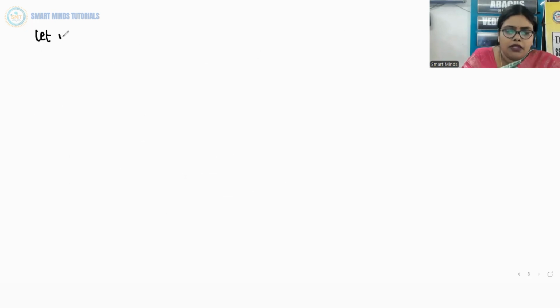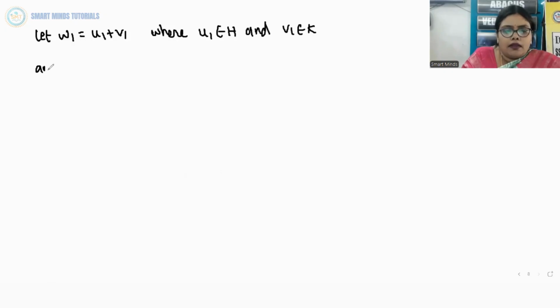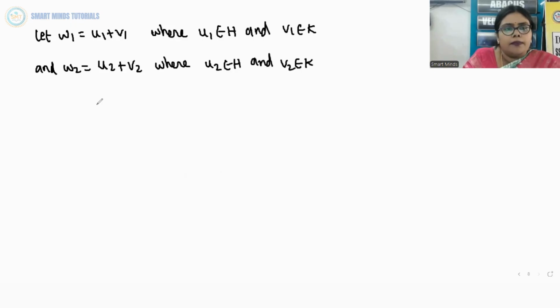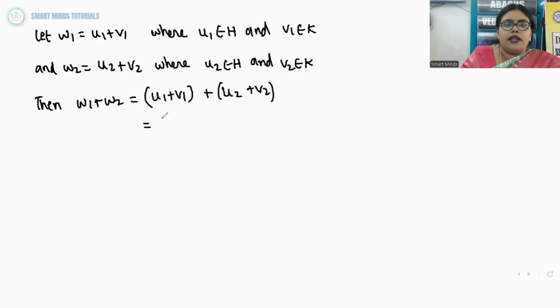Now let us say W1 equals to u1 plus v1, where u1 belongs to H and v1 belongs to K. And W2 is equal to u2 plus v2, where u2 belongs to H and v2 belongs to K. Then if we add them, W1 plus W2 will become u1 plus v1 plus u2 plus v2. Now let us separate u and v. So u1 plus u2 plus v1 plus v2.